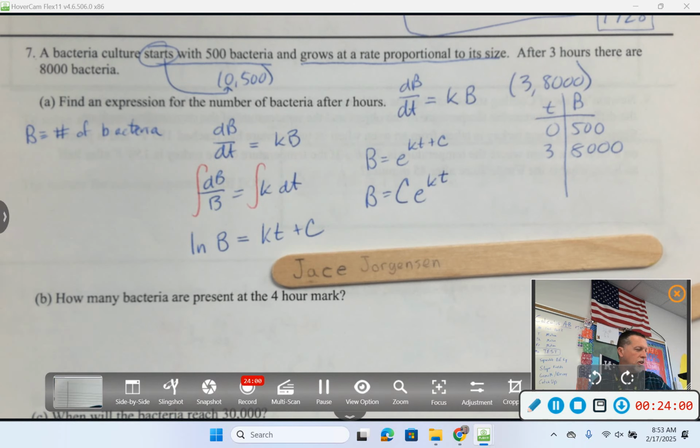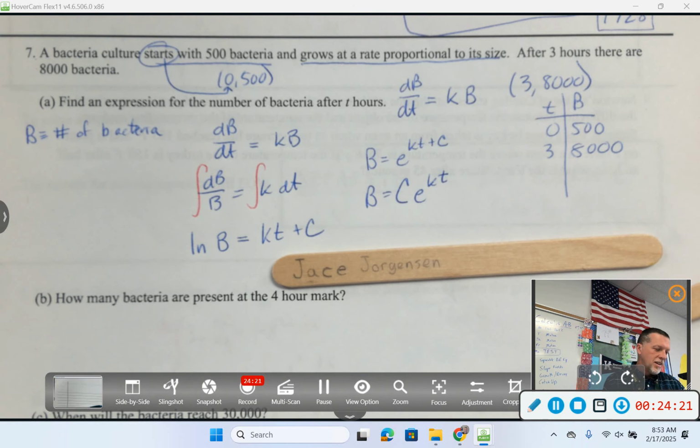What should I do next? How's that for an open-ended question? My goal is to figure out what C and K are, so what would help me do that? Plug in. Plug in what?